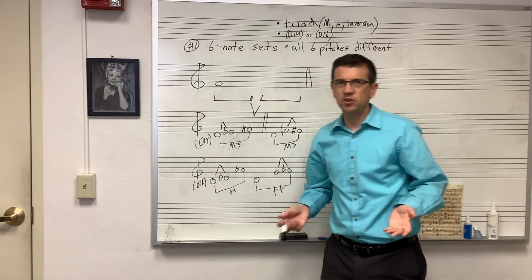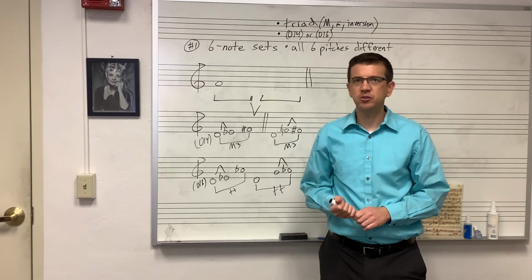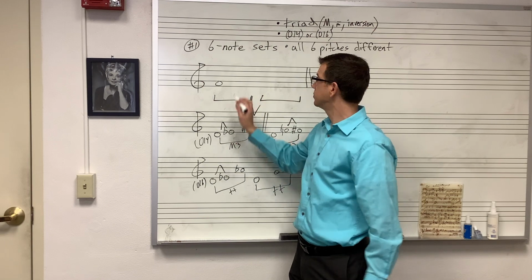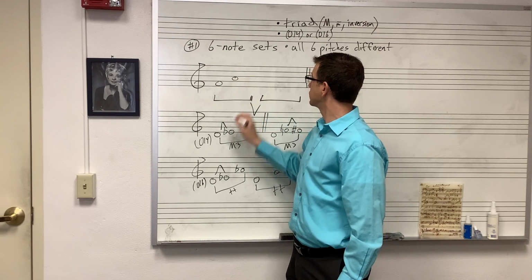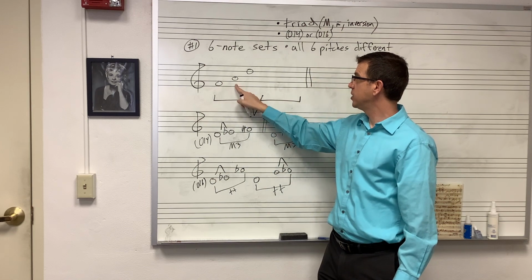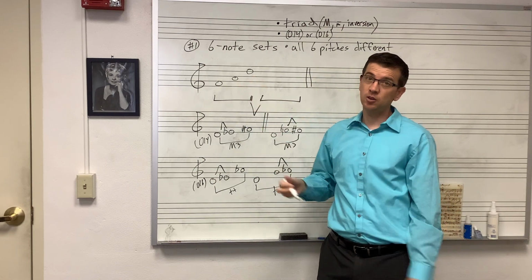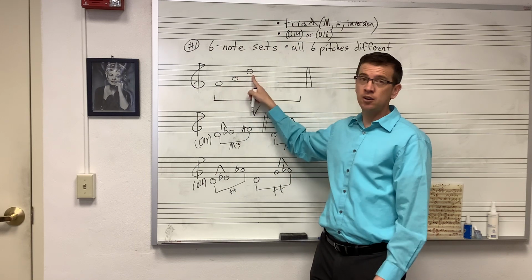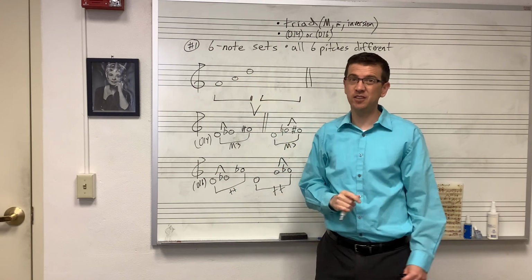Now, because this is the first one that we've done, I want to go ahead and give you a little help. So I'm going to give you the first 3. Maybe you heard do, mi, la, or maybe you heard mi, so, do. If you heard the so, do, that would have given you those first 3.